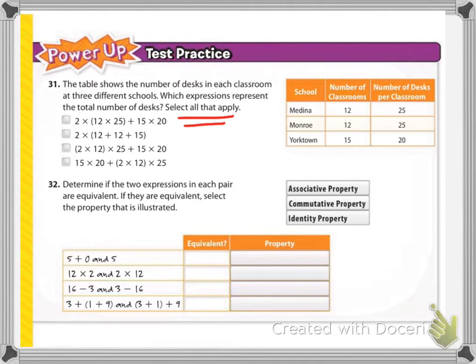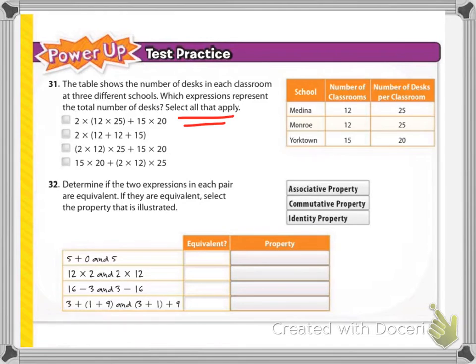Select all that apply means you don't know how many are correct. It could be one, it could be two, it could be all of them, and they will not give any partial credit. So you must make sure you pay attention so that you get your points on these types of problems. 31 and 32 are both good test practice questions, so let's take a look at these.